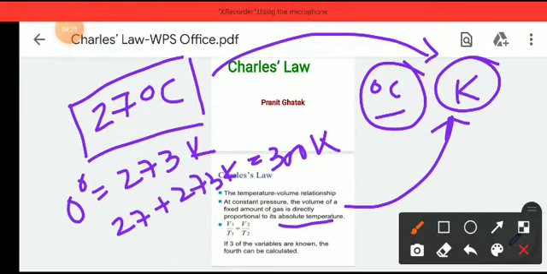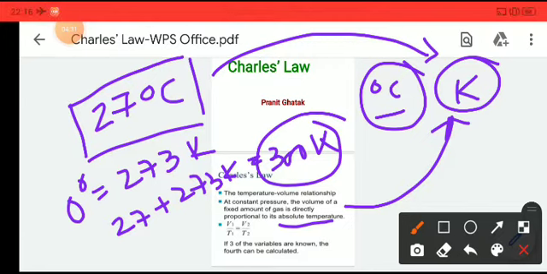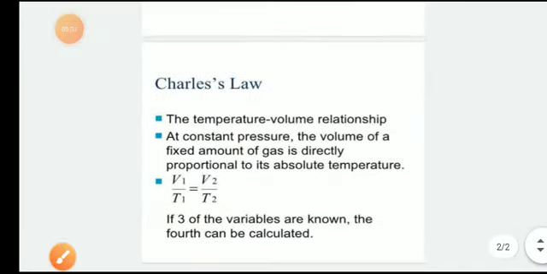We should use 300 Kelvin as the temperature, not 27 degrees Celsius, because according to Charles Law, at constant pressure the volume of a fixed amount of gas is directly proportional to its absolute temperature. You have to be very clear on this concept: convert all temperatures to the Kelvin scale, not degrees Celsius.